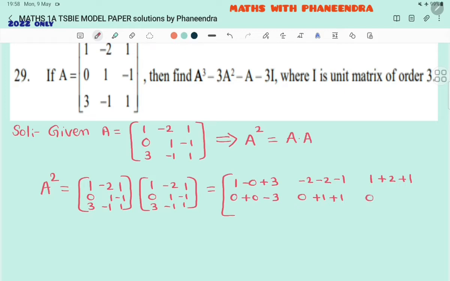Next 0 into 1, 1 into -1, -1 into 1. Third row: 3 into 1, -1 into 0, 1 into 3. Next 3 into -2, -6, -1 into 1, 1 into -1. Next 3 into 1, -1 into -1, 1 into 1.